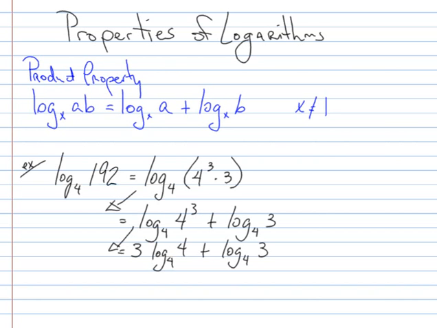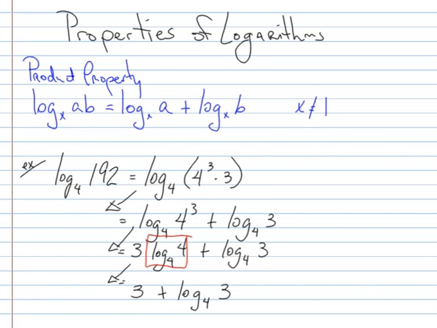Now with logs, anytime that your base and this number here are the same, they essentially cancel each other out. So therefore I'm left now with 3 plus the log base 4 of 3.